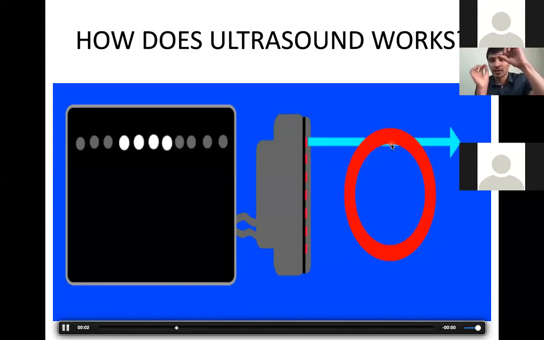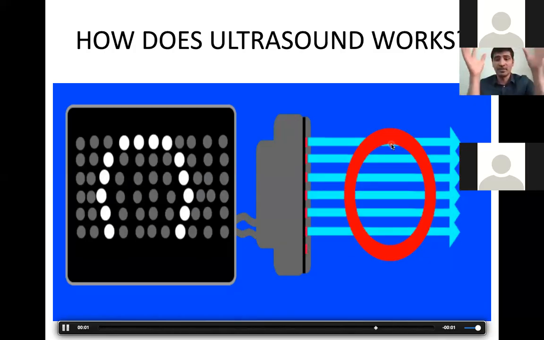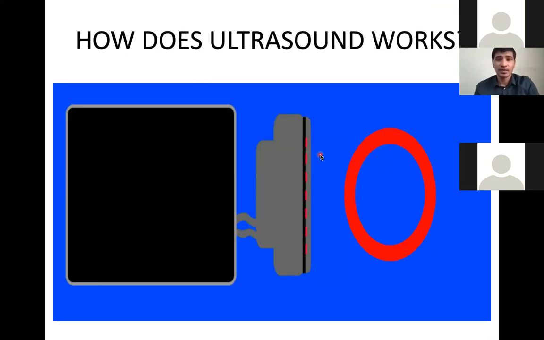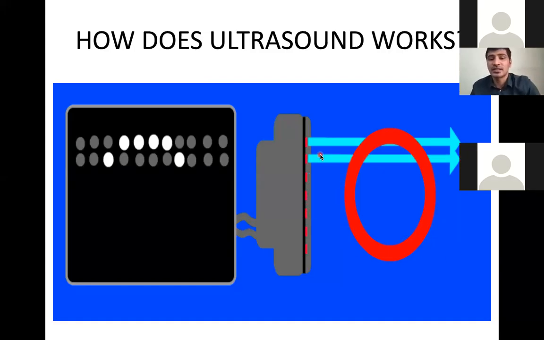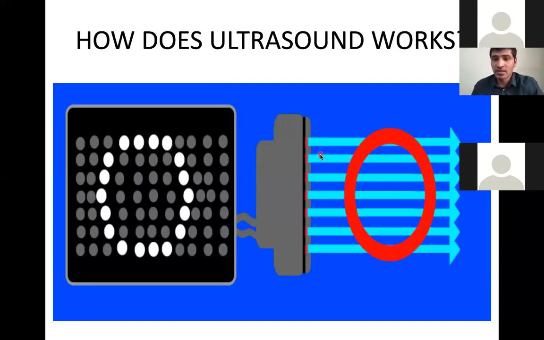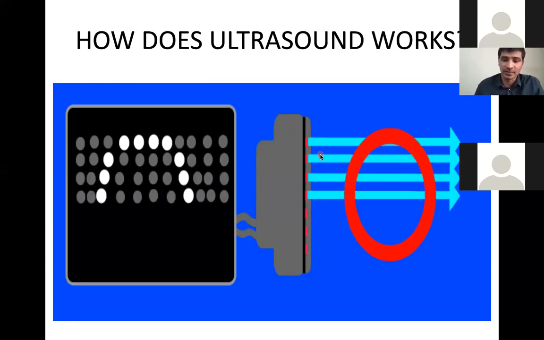It's the small plots that give us the image of the ring. So this is how we see an ultrasound image on the machine. It's a combination of all the small reflected sound waves.